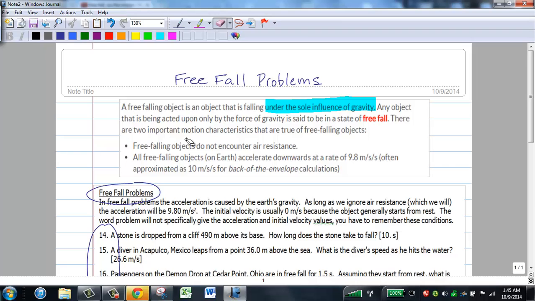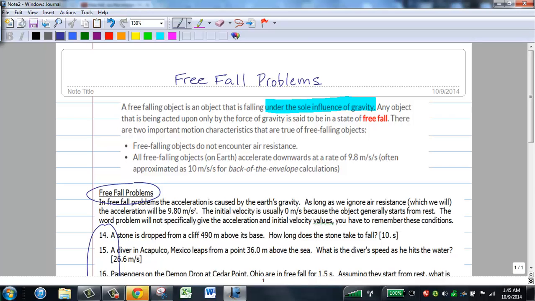And so if we are ignoring the force of air resistance, then the object is said to be in free fall. So moving on to this second sentence here, any object that is being acted on only by the force of gravity is said to be in a state of free fall.